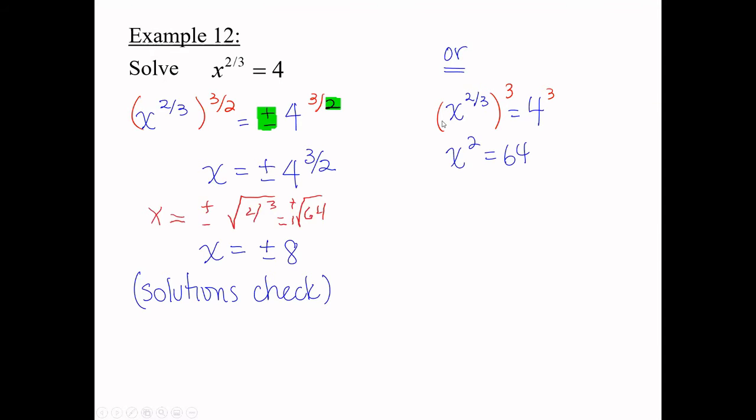Well, 2/3 times 3 is just 2. And here, 4 to the 3rd is 64. Now, it didn't show it, but I took the square root of this, and I took the square root of 64, plus or minus, resulting in the same plus or minus 8 answer.